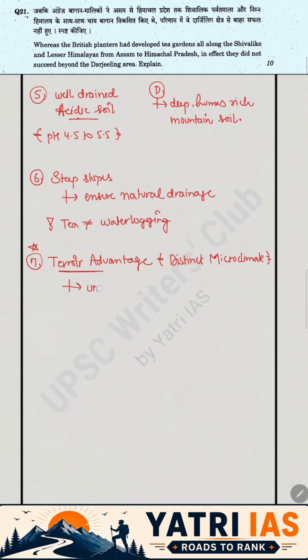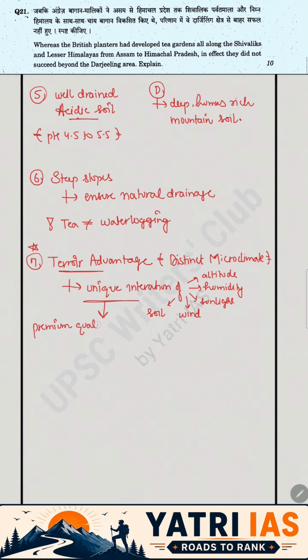It simply means that the region possesses a unique interaction of altitude, humidity, sunlight, wind, and soil, and this unique interaction of all these factors provides a premium quality of tea which is impossible to replicate elsewhere.